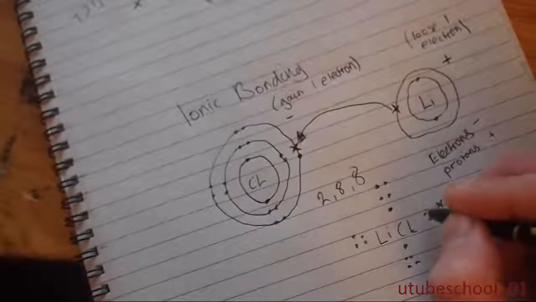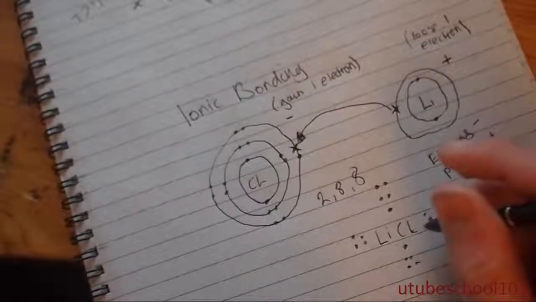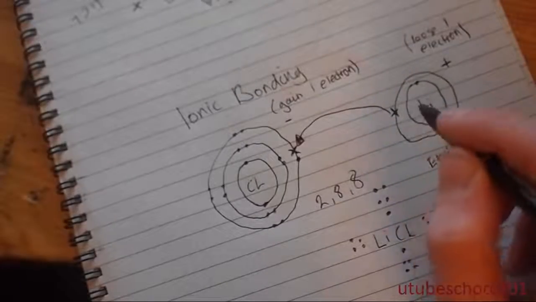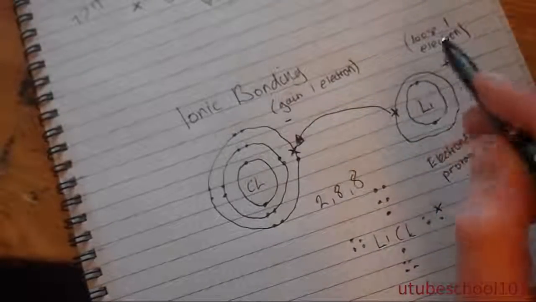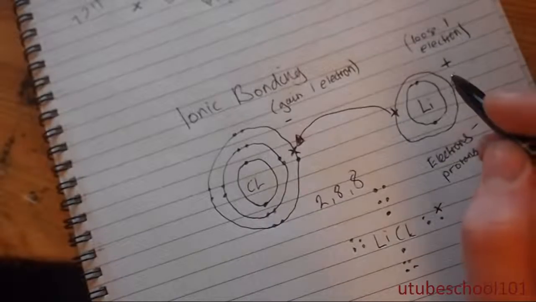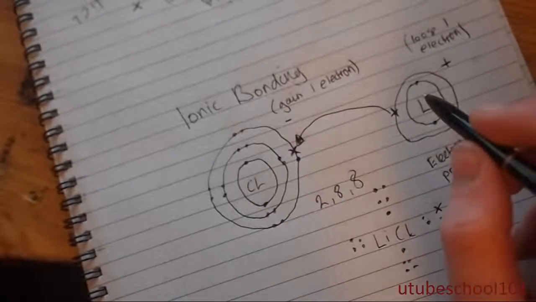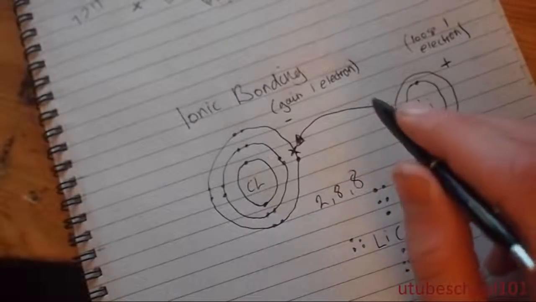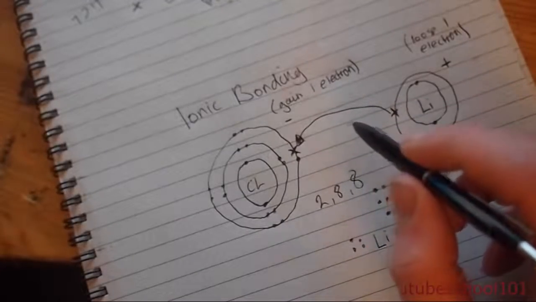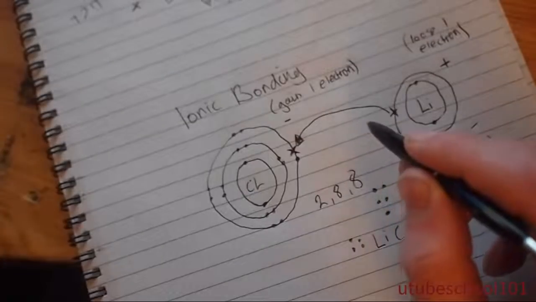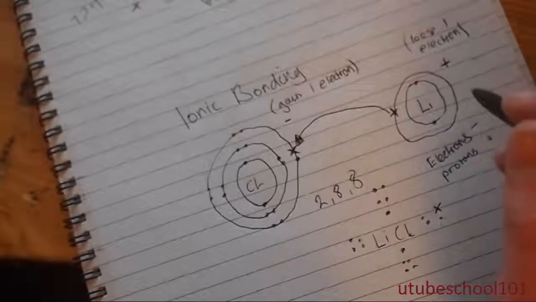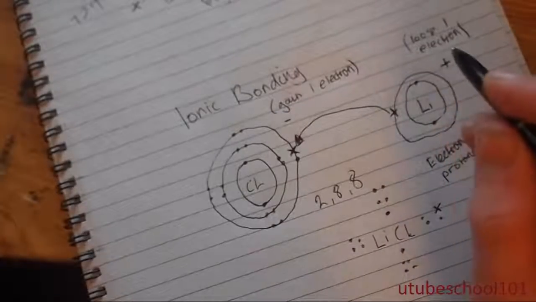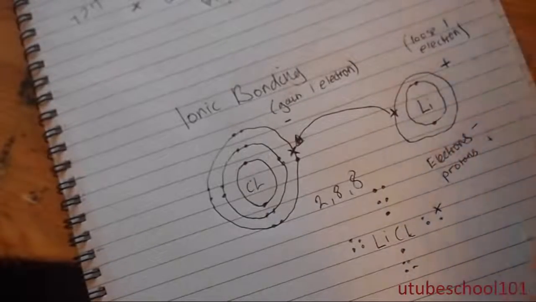So now we have an element where all the shells are full, and this actually determines how reactive elements are. If you have an element which needs 2 electrons, and you have 2 other elements which are giving away 2 electrons, those elements will react together very, very easily.